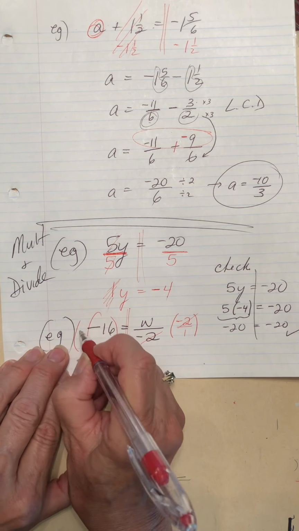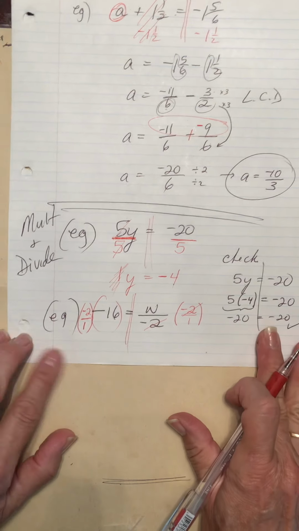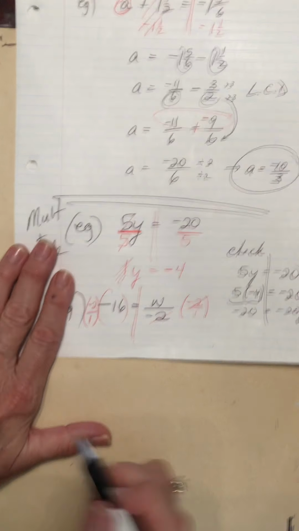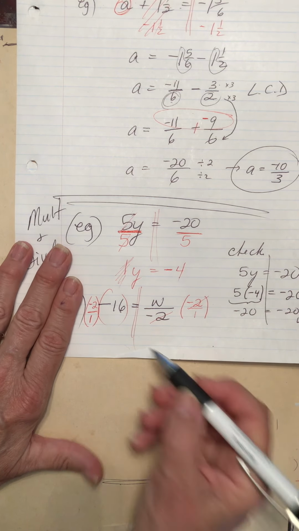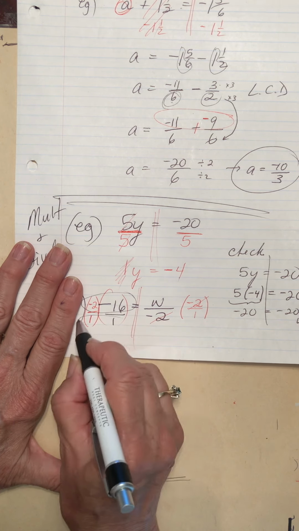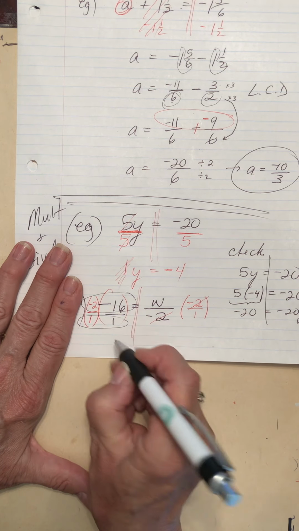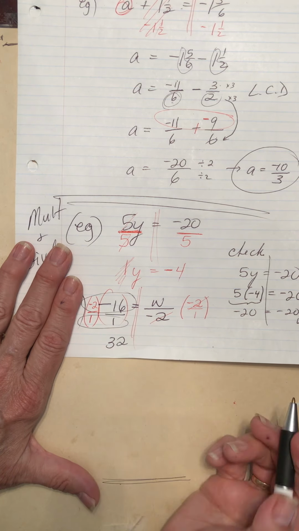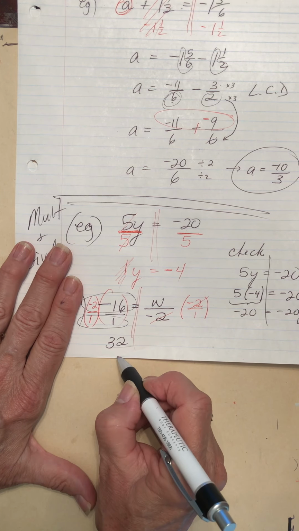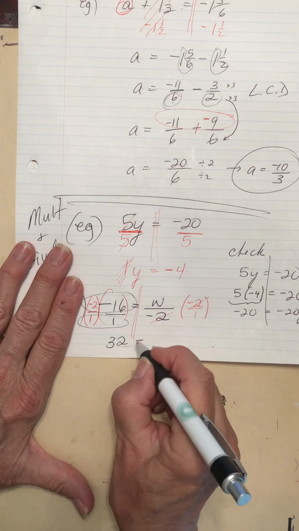But if I did it to this side, I have to do it to this side. So over here, I'm going to times by this negative 2 over 1 as well. So, sorry, it's hard to kind of see here. How do you times fractions? Well, that's the easiest thing to do with fractions. You times numerators together, you times denominators together. So negative 2 times negative 16 is positive 32. 1 times 1 is a 1, so I could write a 1 underneath here, but anything has a 1 underneath it, so I don't have to.